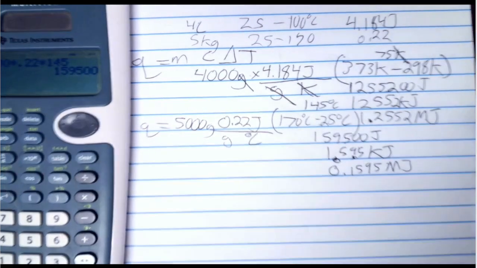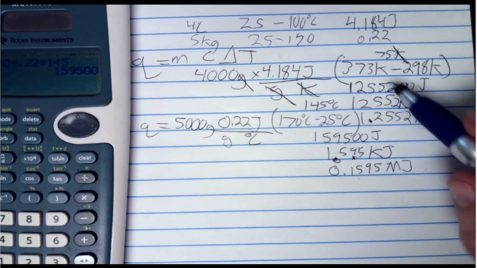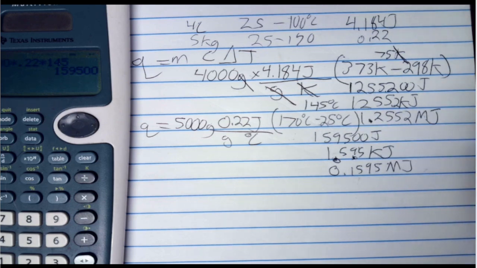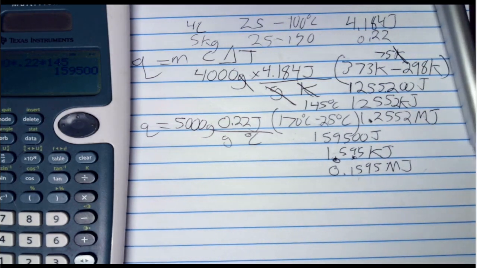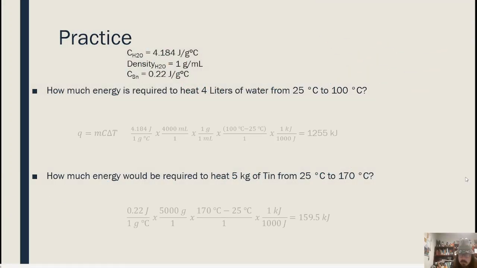So not even 1 megajoule. Much, much smaller, despite having to heat up more and to a higher temperature. It's still way smaller. So it's the basic idea that metals take a lot less energy to heat up.